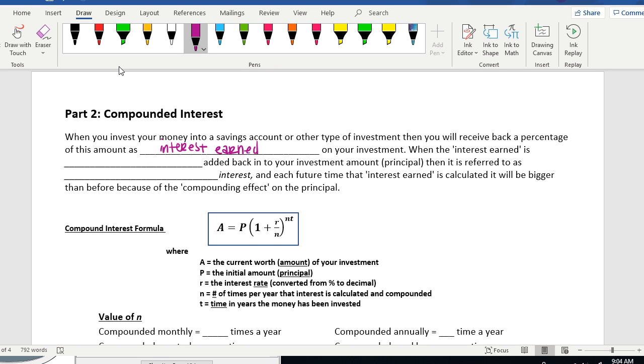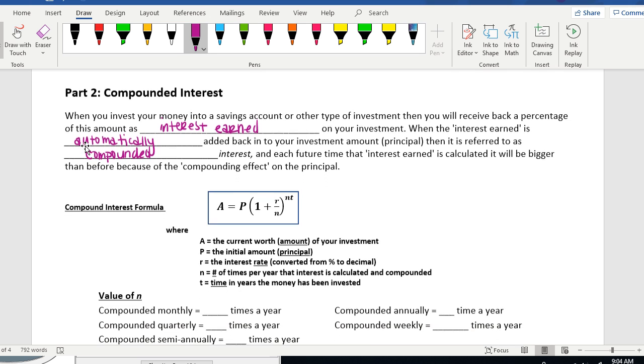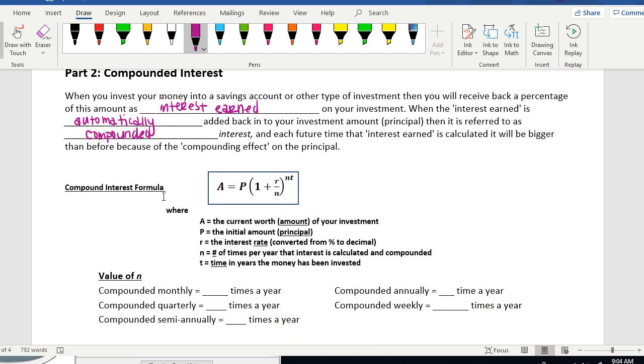When the interest earned is automatically added back to your investment amount, the principal, then it is referred to as compounded interest. And each future time that interest is earned is calculated, it will be bigger than before because of the compounding effect on the principal. Okay, so it's not constant, it's changing, it's varying.